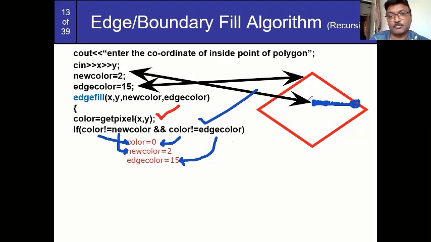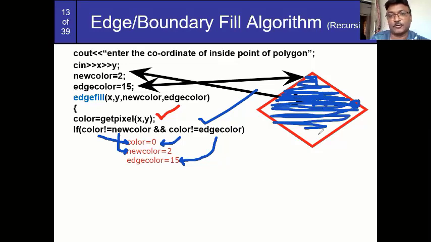Again start filling from this area to this. Likewise I have to call x plus 1, x minus 1, y plus 1, y minus 1. So I can fill all the inside area of this polygon with this color. Because this is a closed figure, I can fill the entire inside area of the polygon. So how can you fill it?